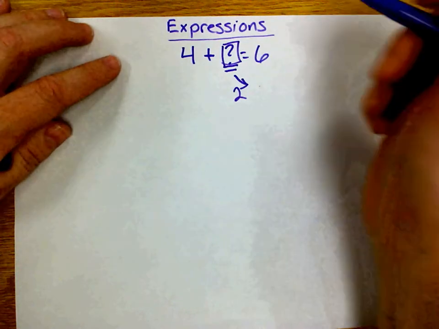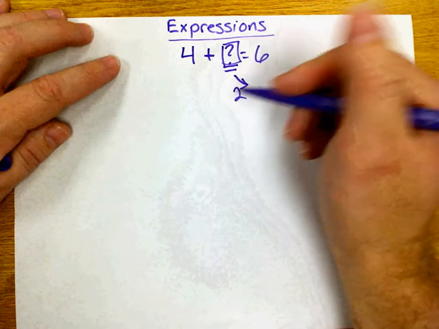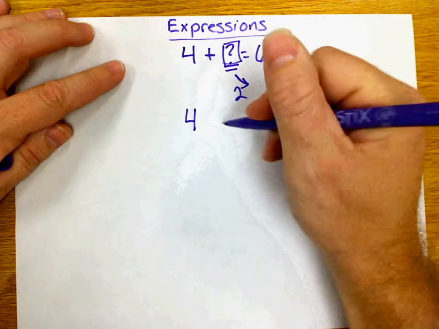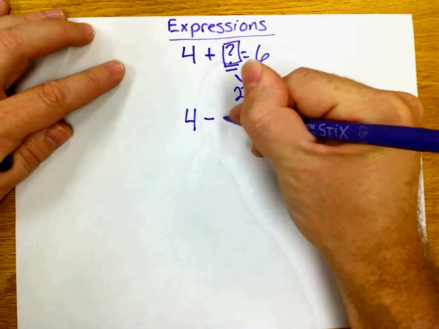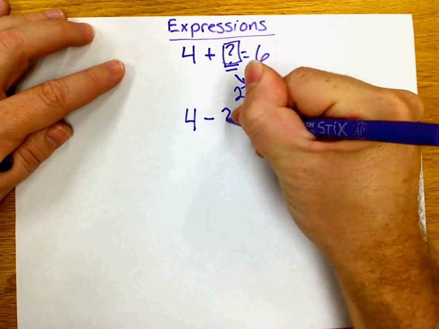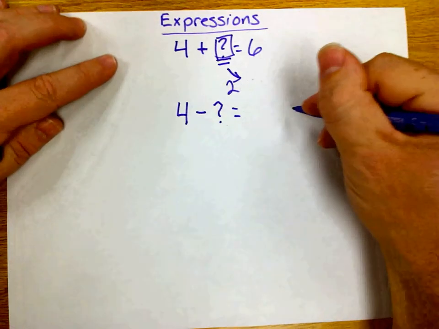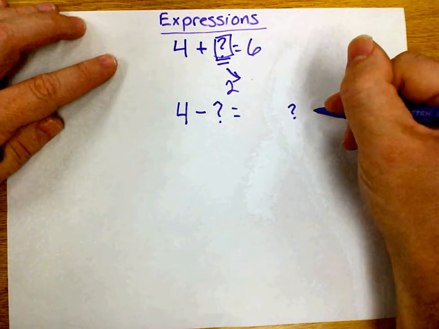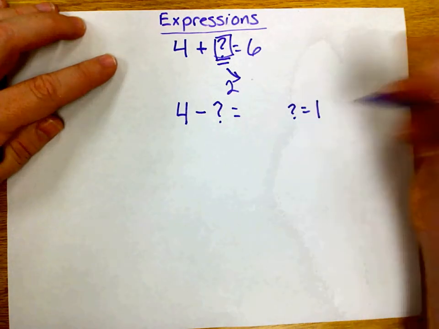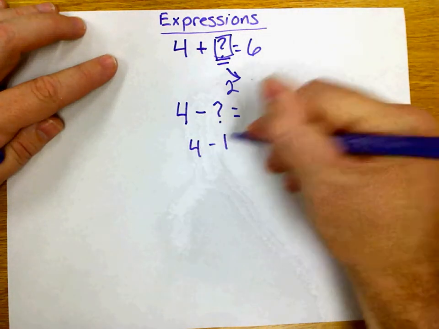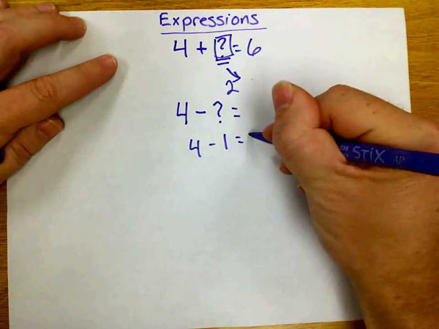Now, I'll change it to a true expression. If I said 4 minus question mark equals, question mark can be a couple different things. The first thing, it could be 1. So if question mark was 1, 4 minus 1 equals 3.